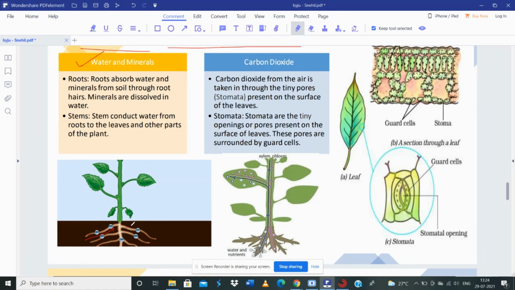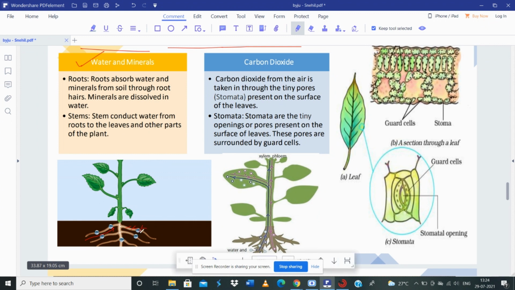Actually, there are small root hairs. There are some thread-like structures. So these root hairs absorb the water and minerals which are present in soil. Okay, and minerals are basically dissolved in water. So whenever root hairs absorb water, the minerals also get absorbed along with them.